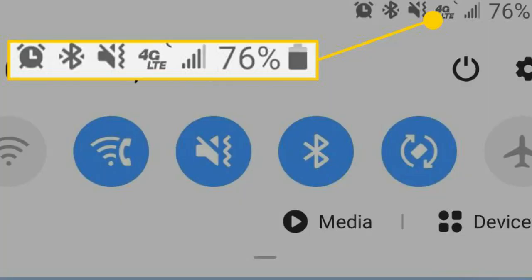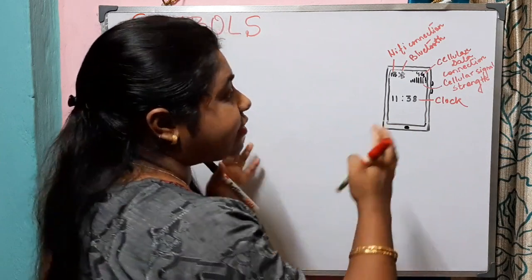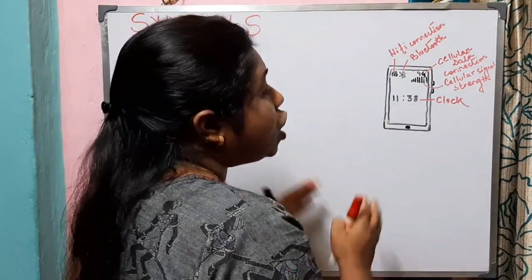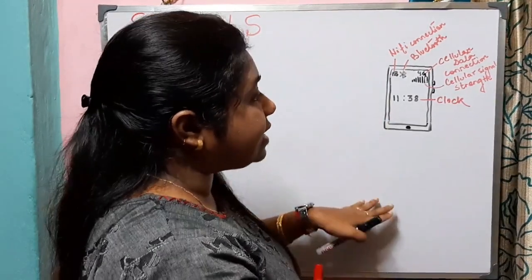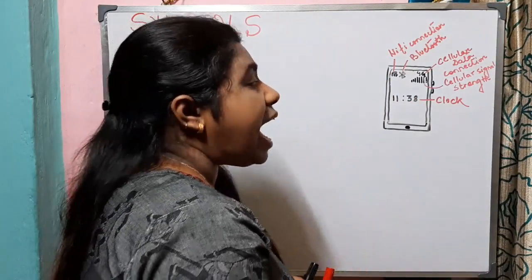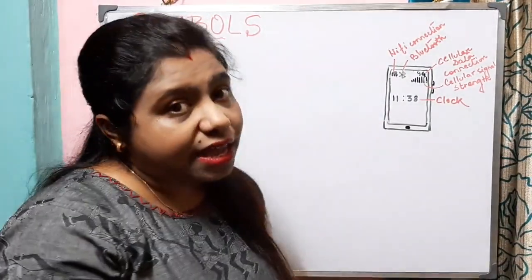What would have happened? The screen would get full, right? Now that is why we use symbols. We use symbols as they can be drawn in limited space, that means in less space, and they also give us the exact information that a text would have told us.